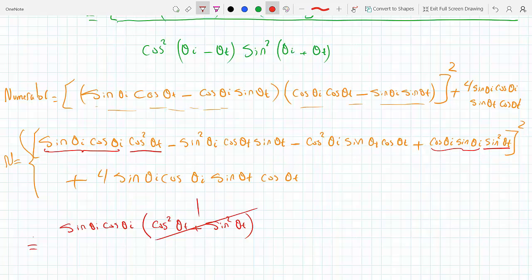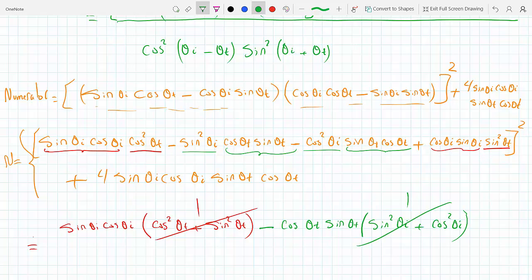Okay, this is a great simplification. And likewise, we have here sine squared theta I cosine squared theta I, and those two are the same, so I'm going to factor them out with a minus cosine theta t sine theta t into sine squared theta I plus cosine squared theta I, and this is again a 1. Okay, huge relief here.